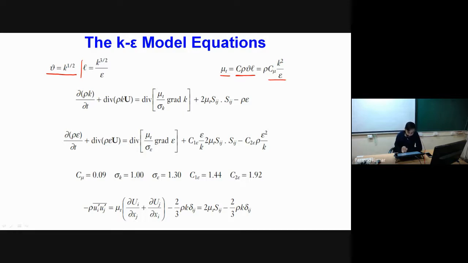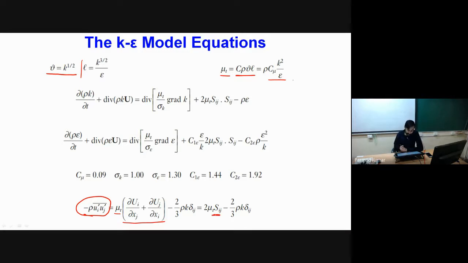Now I can apply this value in the Boussinesq approximation. In the Boussinesq approximation, we write the Reynolds stresses, minus rho ui dash uj dash bar, in terms of turbulent viscosity into gradients of the mean velocity minus 2 by 3 rho k into delta ij, and this part I can write simply as Sij.